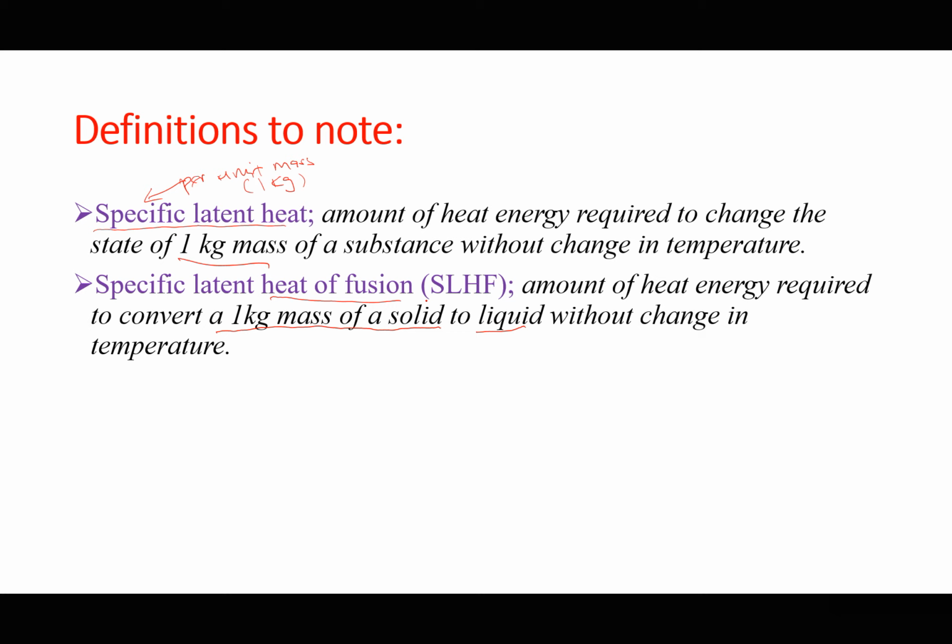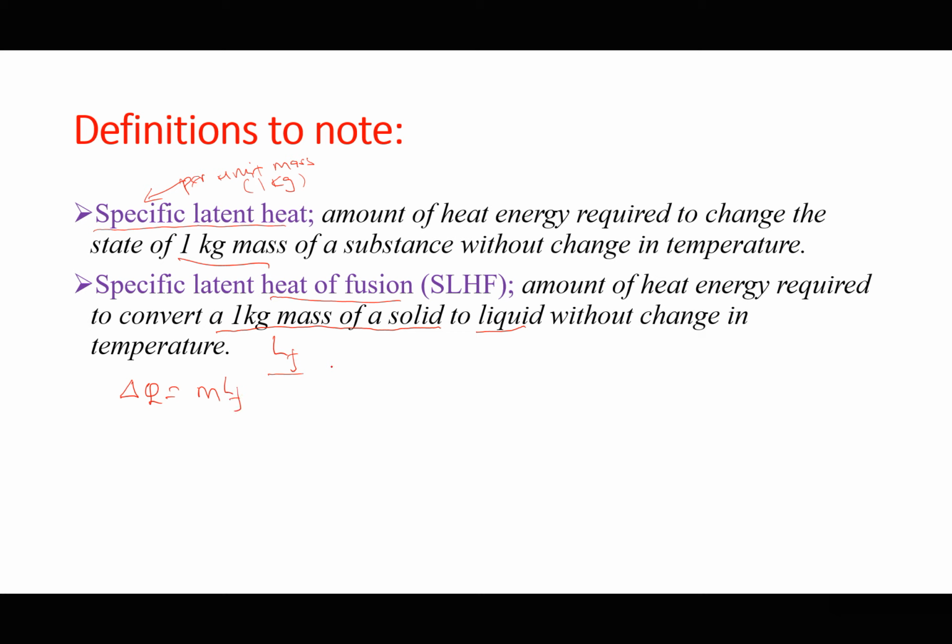1 kilogram of a solid to a liquid without changing temperature, that is going to be called the specific latent heat of fusion. The specific latent heat of fusion will always be labeled with the letter L_F. So for a substance whose latent heat of fusion is given as L_F, the amount of heat required, that is delta Q, to fuse or cause this substance to melt, to change from solid to a liquid, is given by m times the latent heat of fusion.